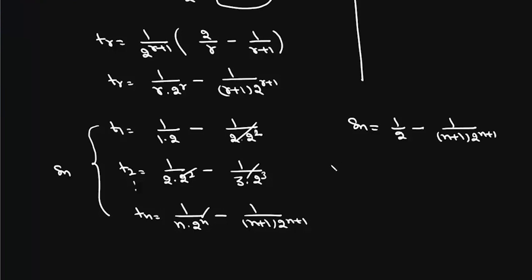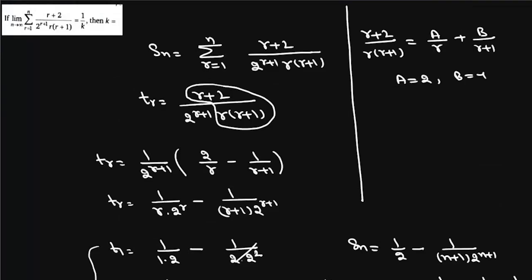Now we need to find this limit as n tends to infinity. So the limit of Sn will be 1 by 2 minus, and here it is infinity, and 2 to the power infinity is also infinity. So it will be infinity into infinity, which makes that term simply 0. So the value of this limit is 1 by 2, which is given as 1 by k. So from here, the value of k is simply 2. So the answer to this question is that the value of k is 2.